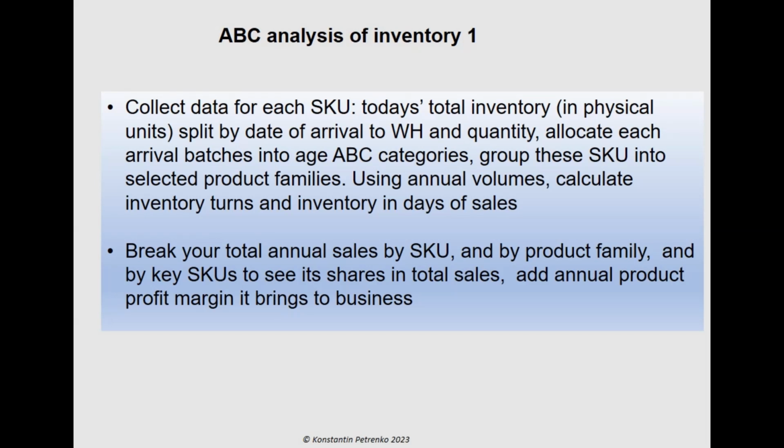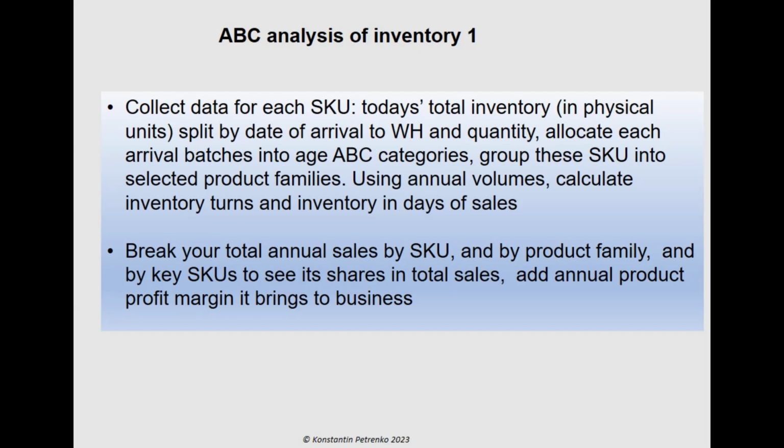Then group them into 3 groups, A, B and C, accordingly to the age, the time in warehouse, for example, up to 2 weeks, up to 3 months and above 3 months. Group all SKUs into product families and using annual volumes, calculate inventory in days of sales and inventory turns per year. We will go through it in a few minutes.